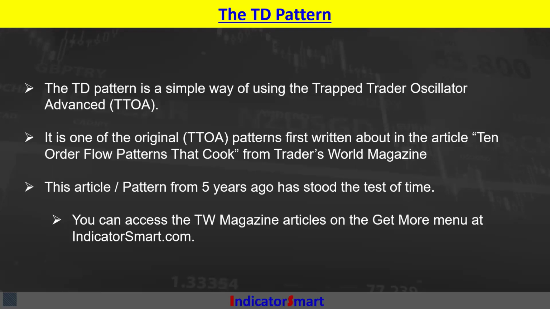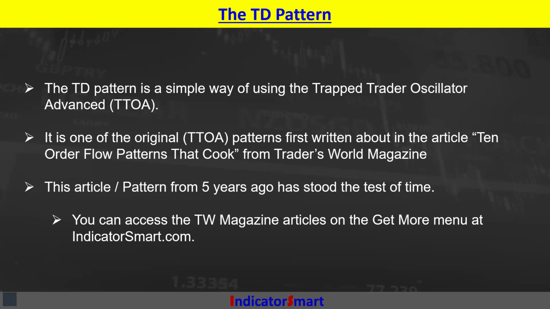The TD pattern is a simple way of using the Trap Trader Oscillator Advanced. Super simple. And it is one of the original TTO Advanced patterns, first written about in the article called 10 Order Flow Patterns That Cook from Traders World Magazine. And you can access that article on the website if you go to IndicatorSmart.com and go to the Traders World Magazine reprints there and find that particular article.